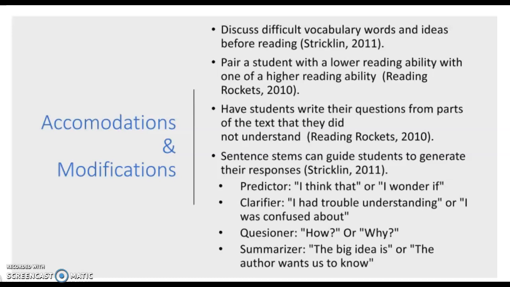And use sentence stems that can guide students to generate their responses. For a predictor, they can be, I think that, or I wonder if. Clarifier, I had trouble understanding, or I was confused about. Questioner, how or why. Summarizer, the big idea is, or the author wants us to know.